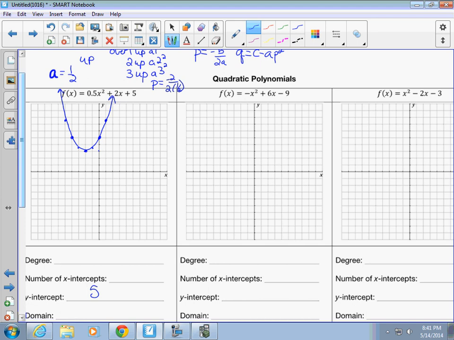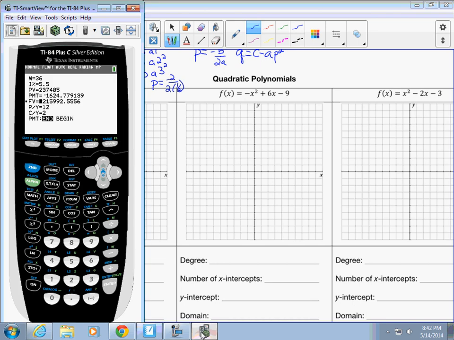The other way to have done this is pull up your graphing calculator. Go into your y equals. Ooh, look at this, it has fancy colors.